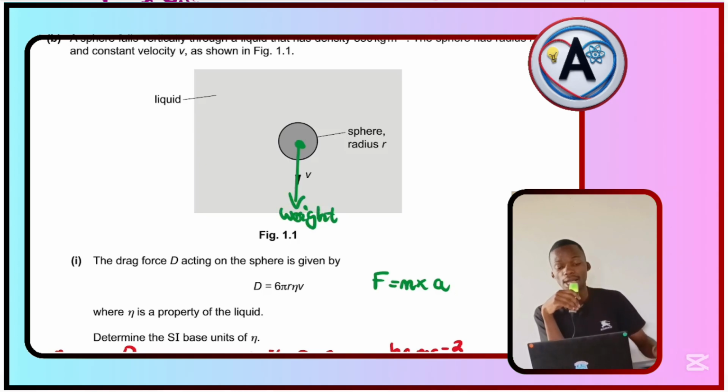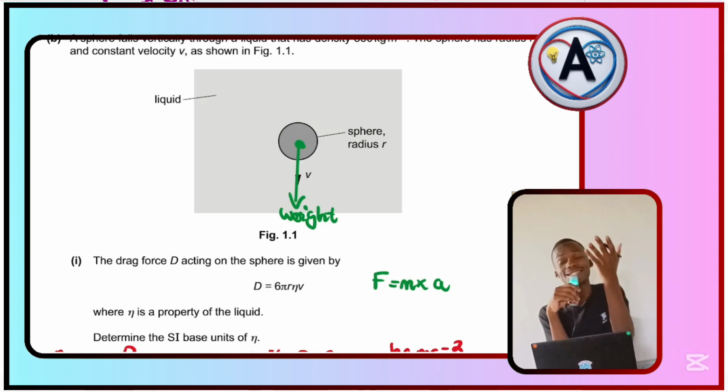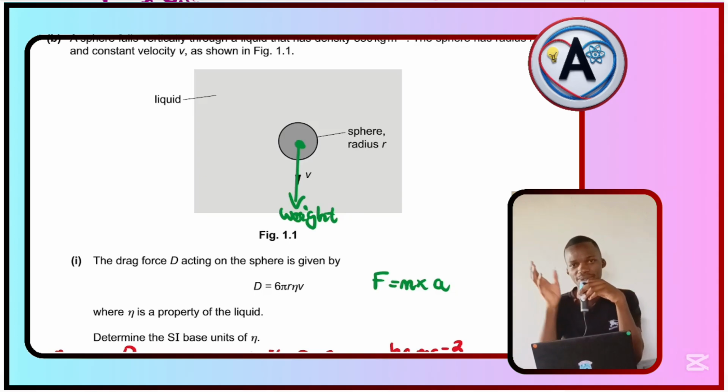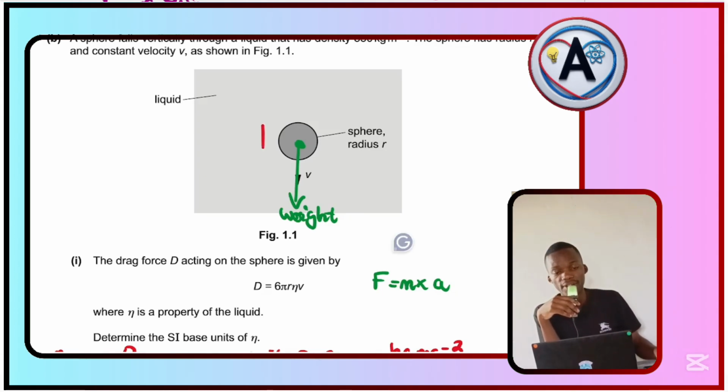Okay, cool. Now I know that upthrust tries to bring an object up, from the word up. Thrust, right? It's the thrust that tries to bring an object up. From Archimedes' principle, we've understood what upthrust actually is. So I know for a fact that my upthrust is going to be acting up, right? So this is the direction that I have my upthrust.